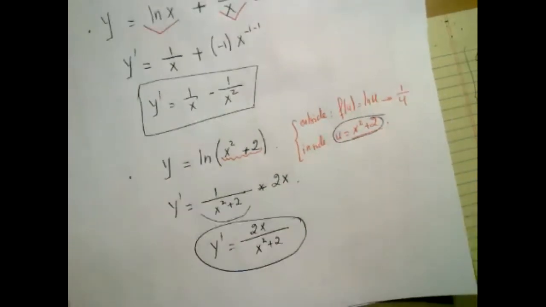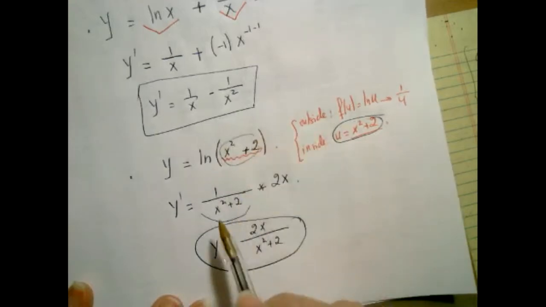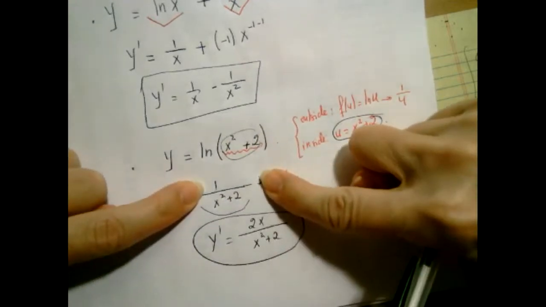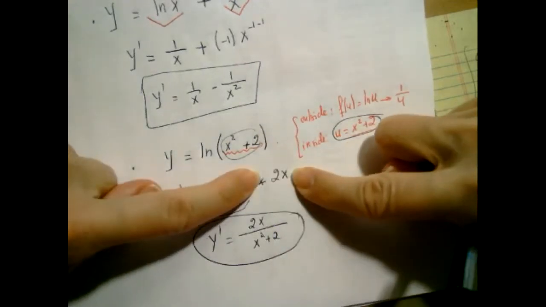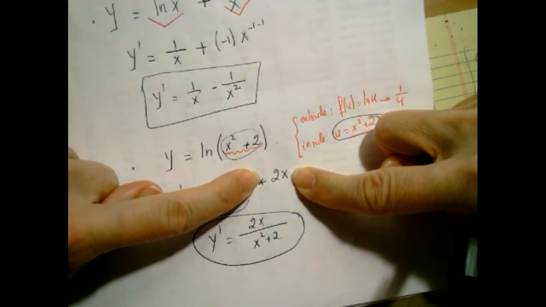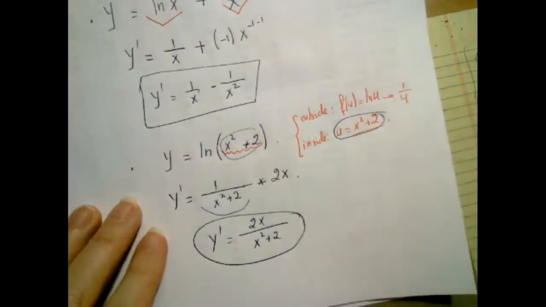Okay, so now we have to use a chain rule. There is no way out. So that's my inside, and derivative of the outside, evaluated at the inside, times the derivative of the inside. Okay, let's take another simple problem like this. But this time I definitely want your answer.